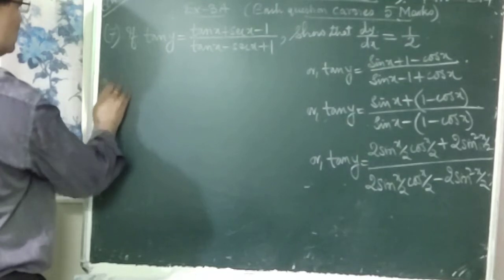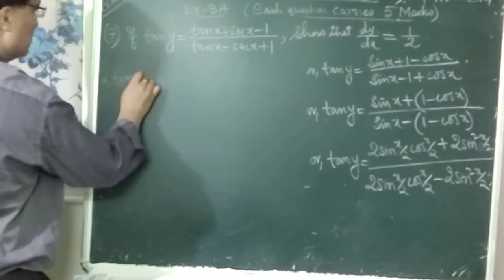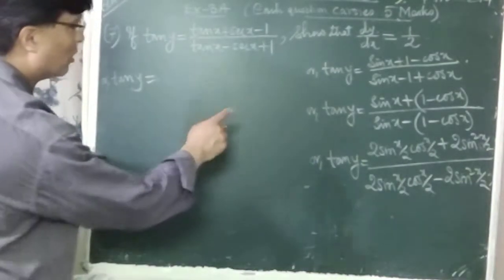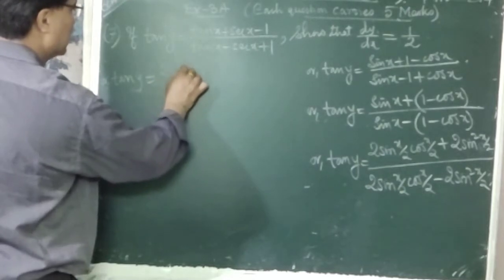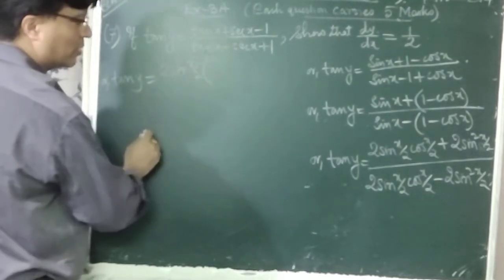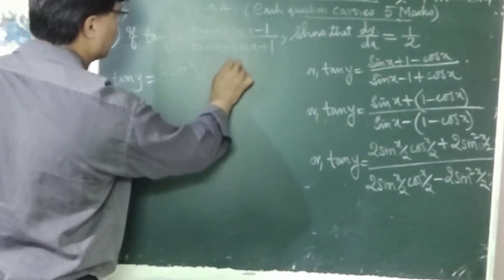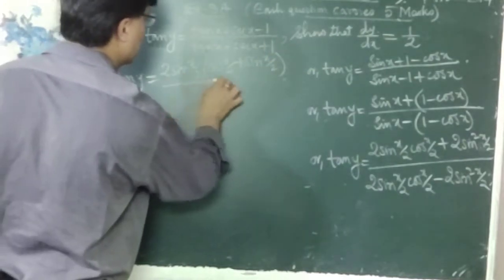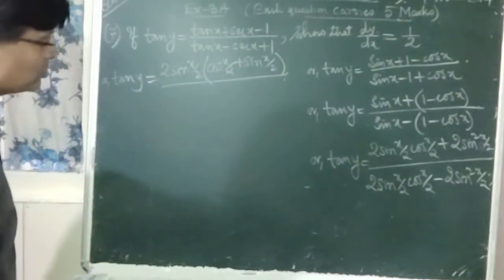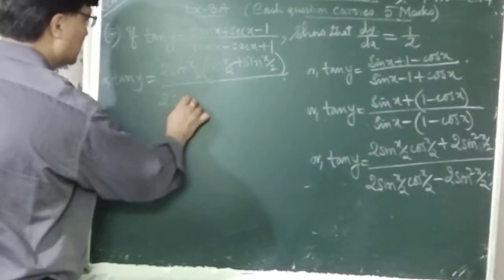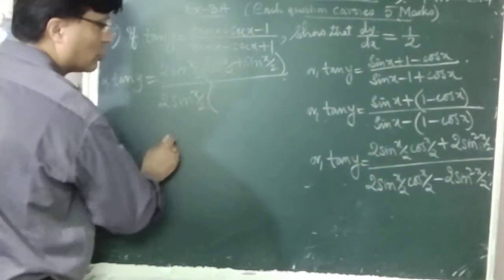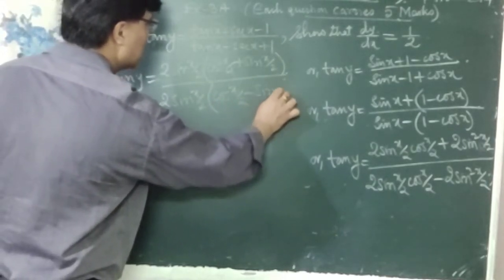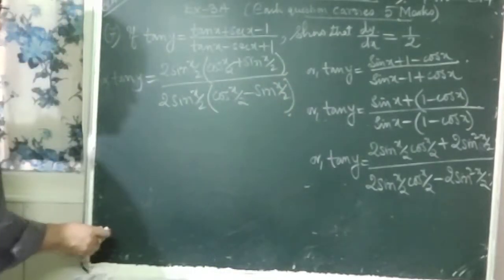Or this is your tan y is equal to, now what is common in the numerator? It is 2 sin x by 2. So within bracket we have cos x by 2 plus sin x by 2, divided by, in the denominator also 2 sin x by 2 is taken common, so within bracket we get cos x by 2 minus sin x by 2, right?